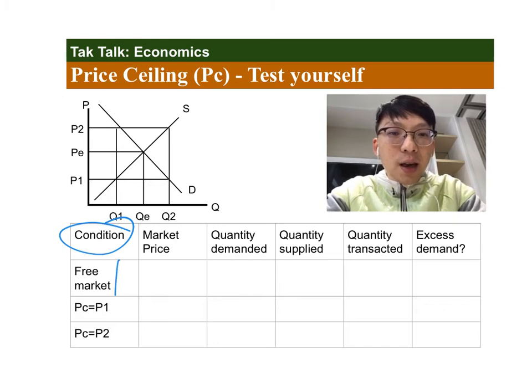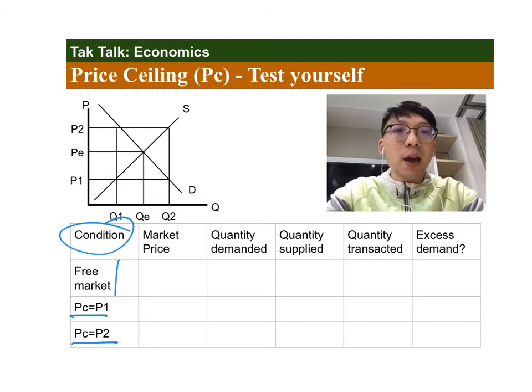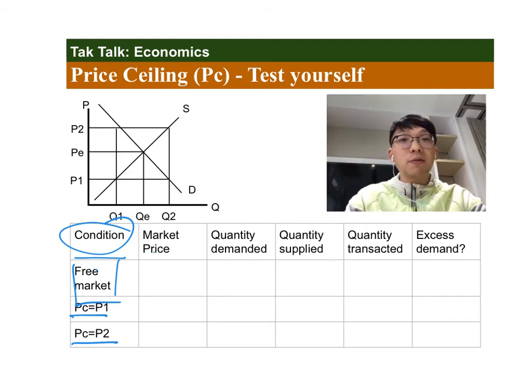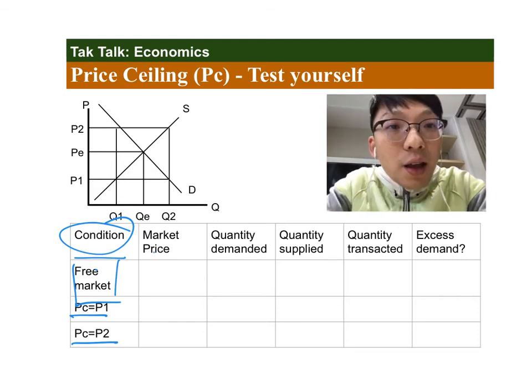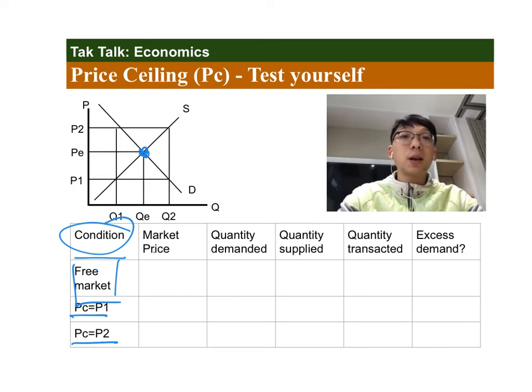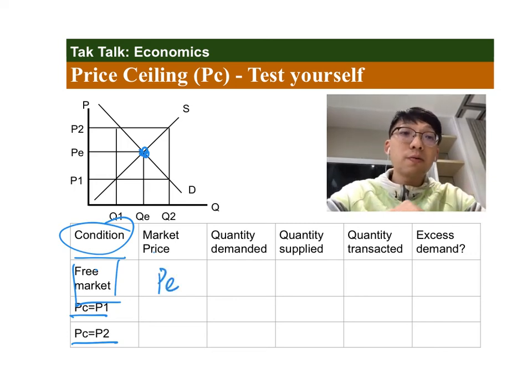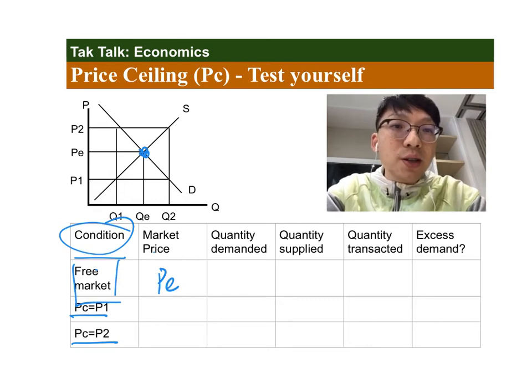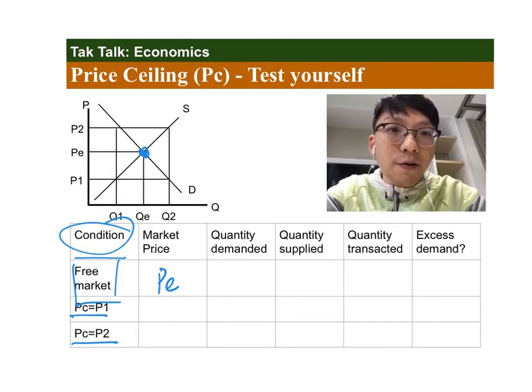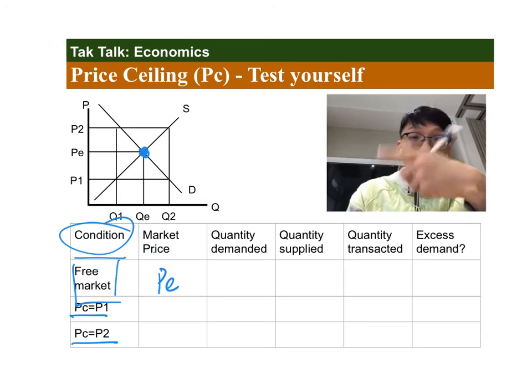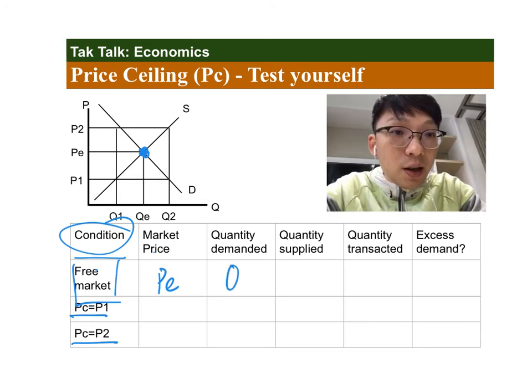Here we have a free market, and here we have different price ceilings, P1 and P2, okay? So let's think about the free market. In a free market, the market determines the price and the quantity itself, and they will stay at the equilibrium. So everything is very simple. The market price will be equal to the equilibrium price. Quantity demanded touches the demand curve, that means the blue spot, so here it is QE.